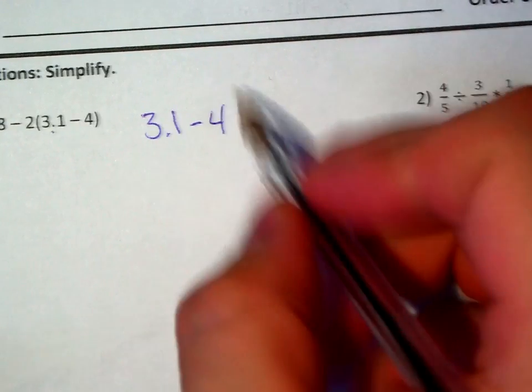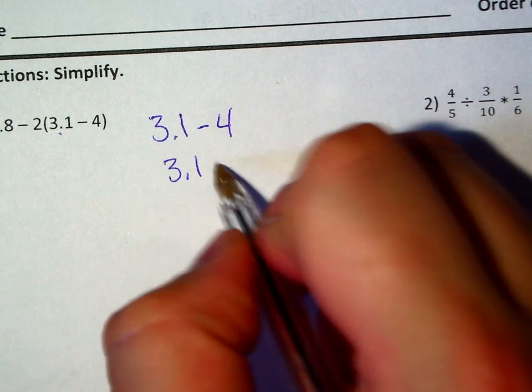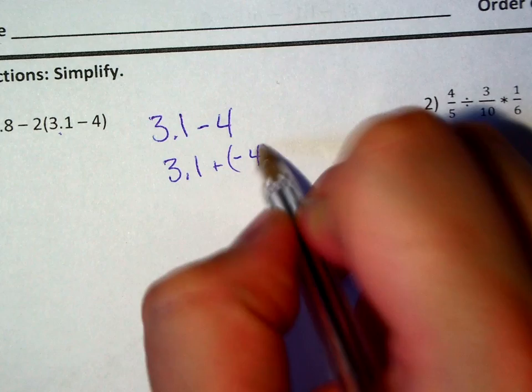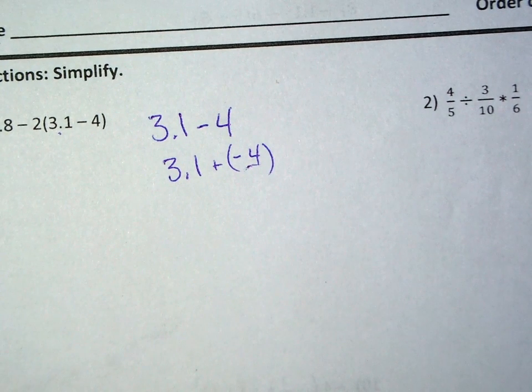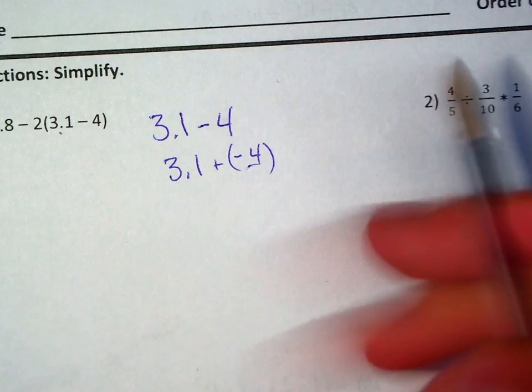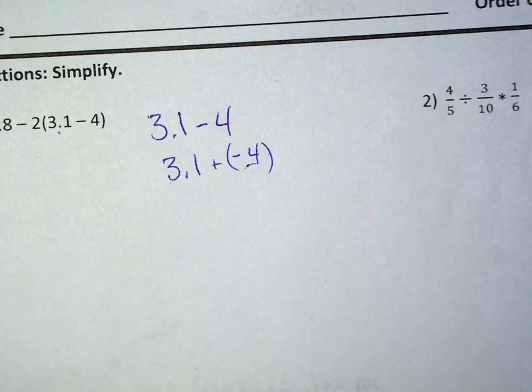And if you need to, you can still rewrite it using our additive inverse. 3.1 plus negative 4, so that you remember that negative 4 is the larger term, but it is negative. So our solution, when we find the difference between these two, will be negative.